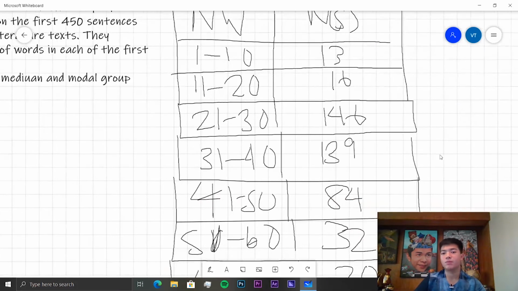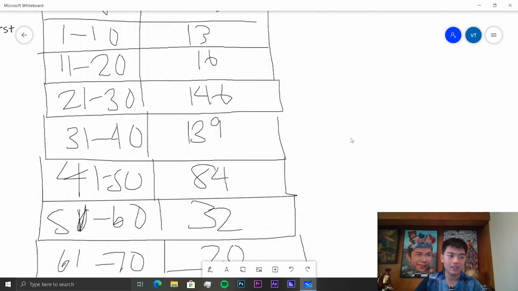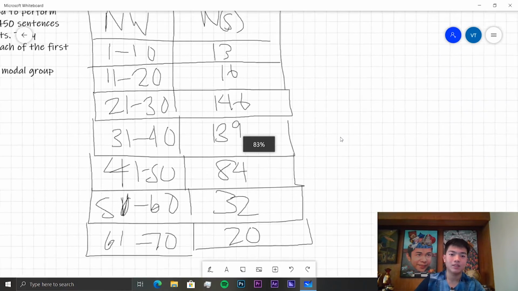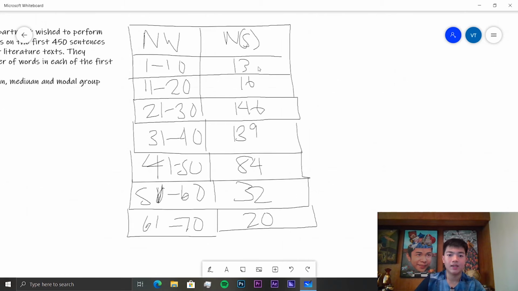Now the mean is probably the second easiest. So we add up all the terms, and remember, we usually get the middle of the class. So in this 1 to 10, the middle would be 5.5.